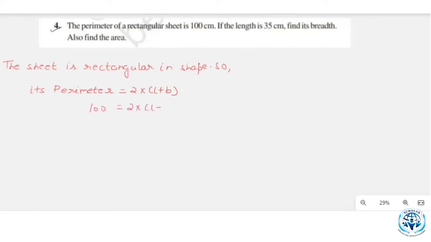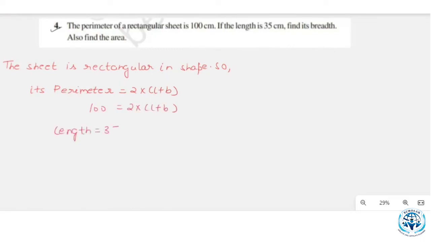84 meter. Fourth question is, perimeter of a rectangular sheet is 100 centimeter. If the length is 35 centimeter, find its breadth. Also find the area. The sheet is rectangular in shape, so its perimeter will be given by 2 into length plus breadth. Perimeter is given as 100, length is 35.